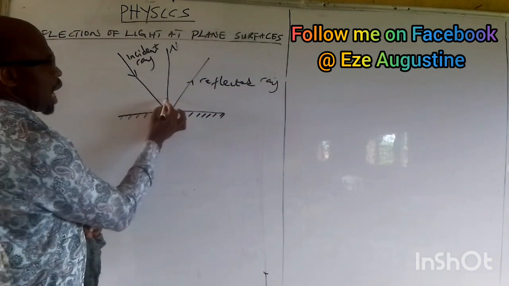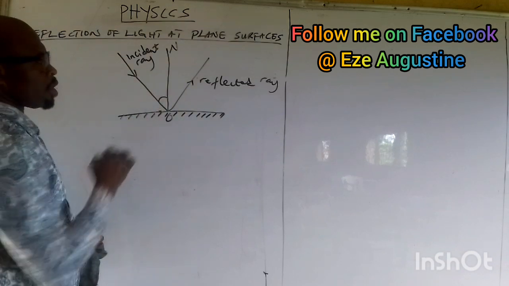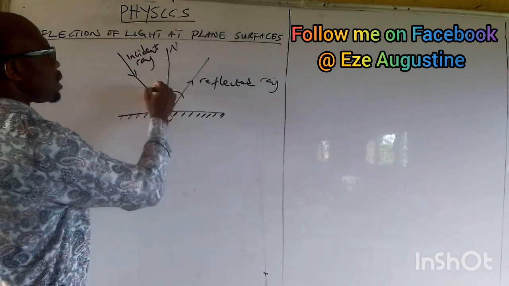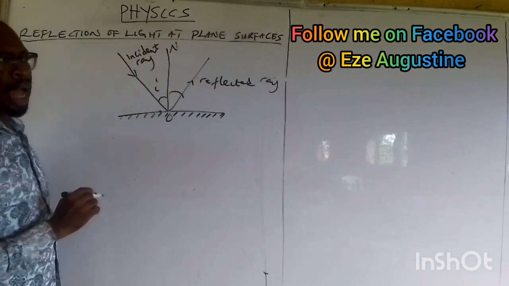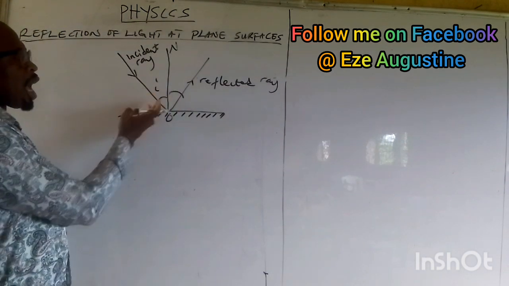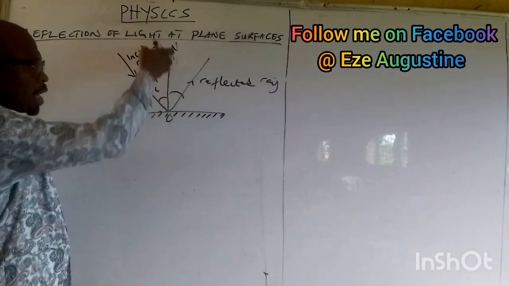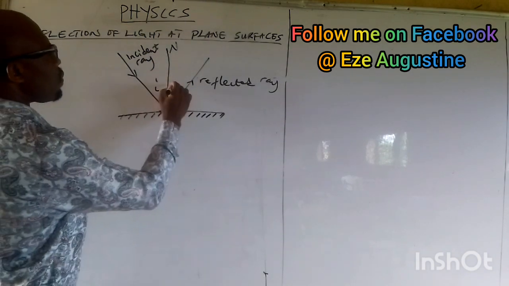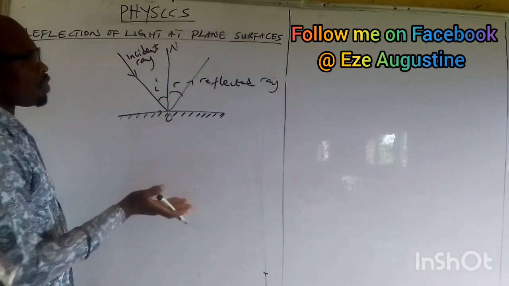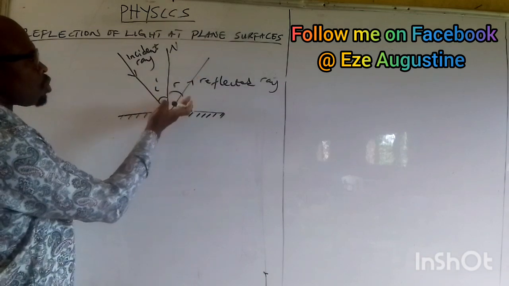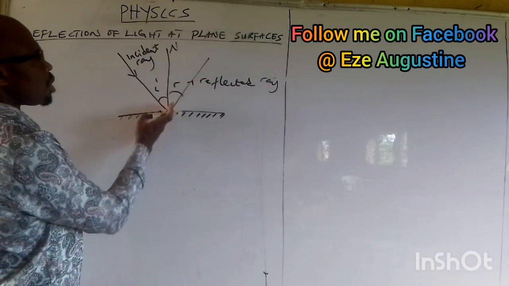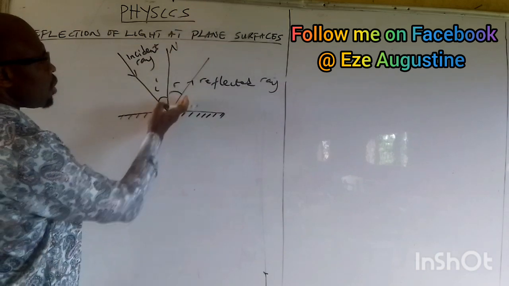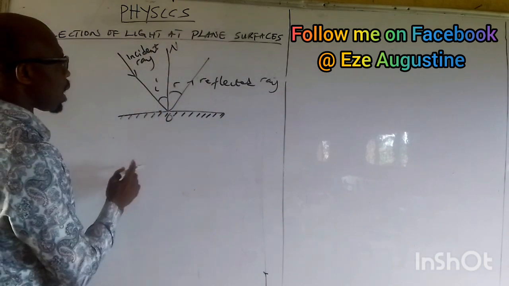By this, an angle is formed here, and another angle is formed here. This side is the angle of incidence, which is the angle between the incident ray and the normal line. The angle of reflection is the angle formed between the reflected ray and the normal line.